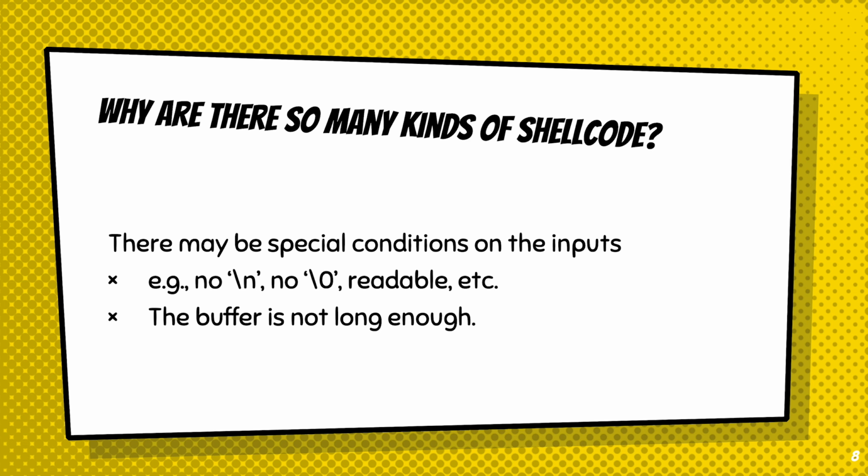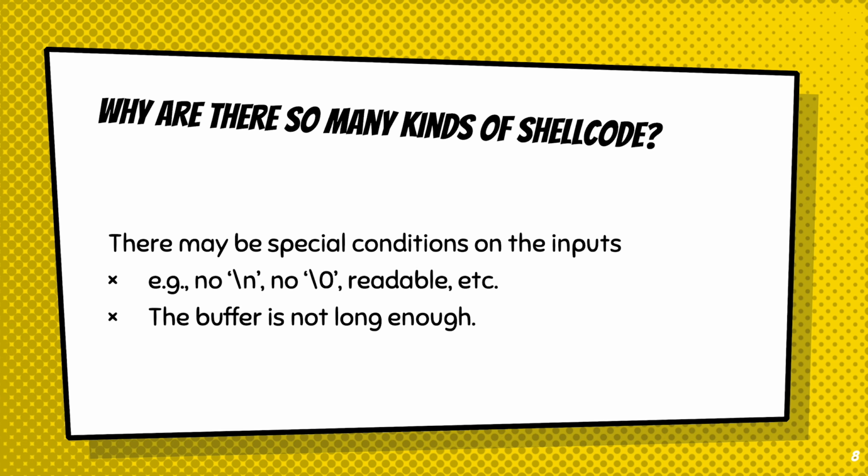Another case could be that the shellcode has to be human readable, or printable. For example, in our in-class lab, if I add a specific condition saying that the user's input has to be either digits or alphabetic characters, then a shellcode with other bytes will not be able to be copy-pasted to the buffer and will not be able to trigger the vulnerability.